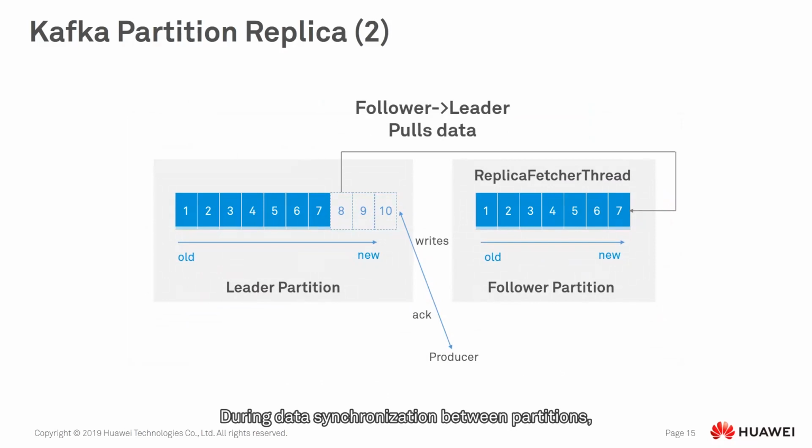The leader server receives all requests, so to ensure the cluster performance, Kafka evenly distributes leaders in all instances. During data synchronization between partitions, the followers actually pull messages from the leader, which, to be specific, is done by using only one thread called the replica fetcher thread to copy data from the leader.